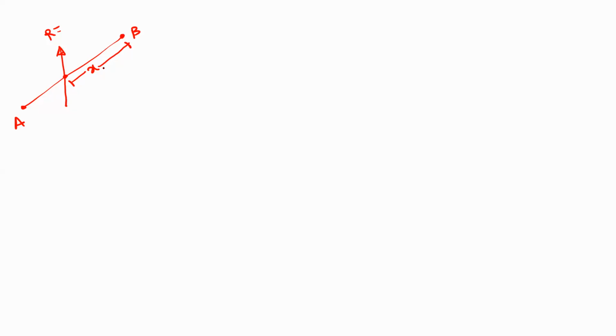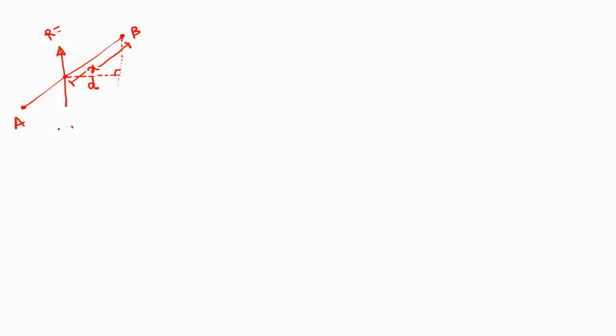So we want to find out the distance x, but by using Varignon's theorem, we can only find out the perpendicular distance. So let us take this perpendicular distance like this and draw one vertical line from point B and assume this distance as a distance d.